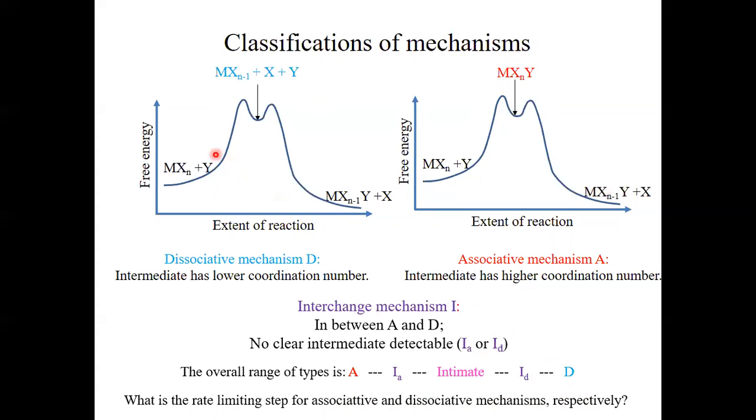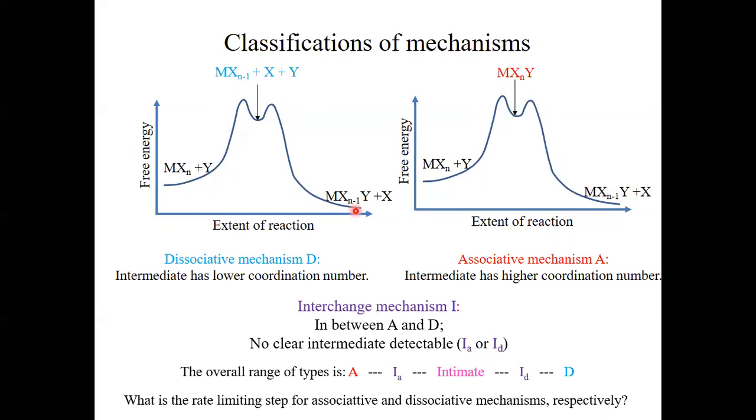For the dissociative mechanism, the dissociative step is the rate limiting step, because we first have to go steeply uphill in free energy to form our intermediate. Once we have formed the intermediate, we only have to go up a little bit uphill again until we form the product.